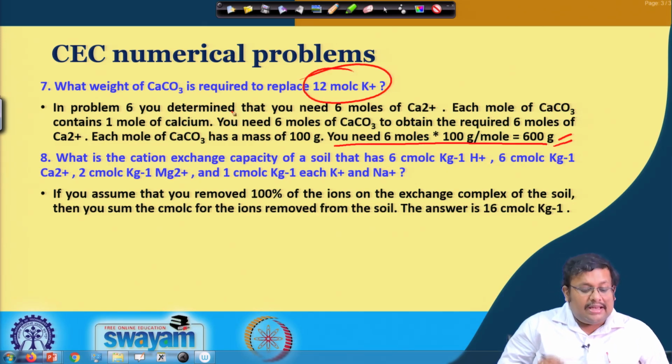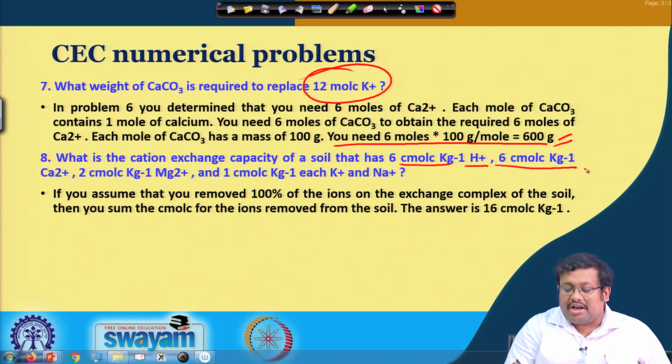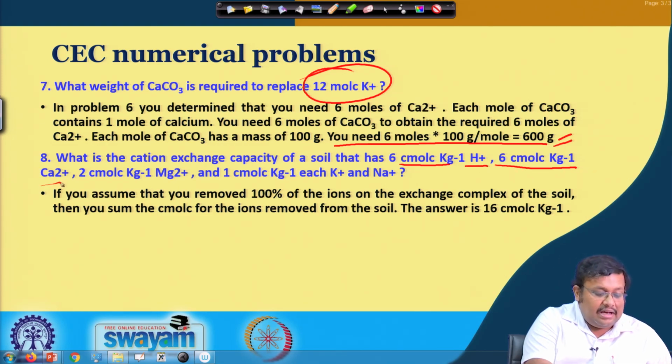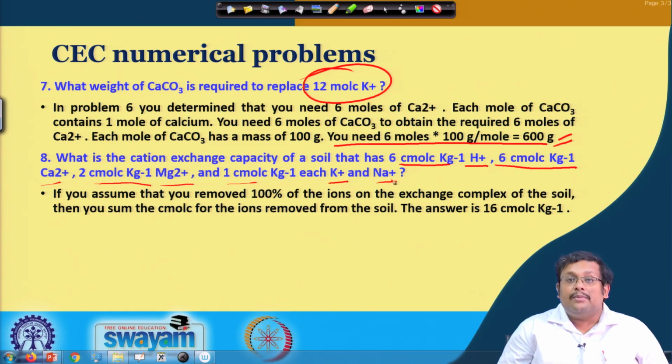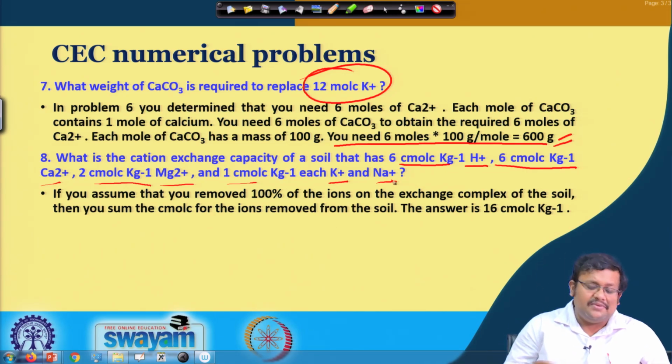Now, the eighth question was, what is the cation exchange capacity of a soil that has 6 centimolar charge per kg of H plus, 6 centimolar charge per kg of calcium 2 plus ion, 2 centimolar charge per kg of magnesium ion, and 1 centimolar charge of K plus ion and sodium ion each. It is very simple.